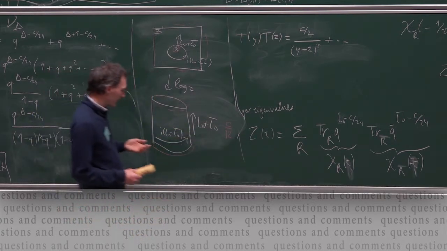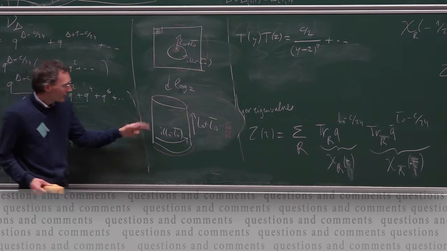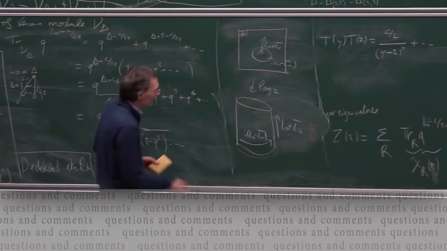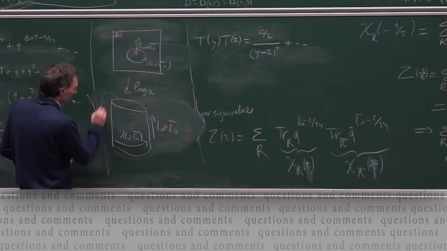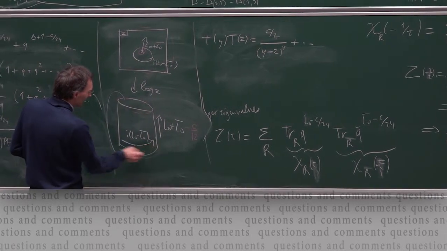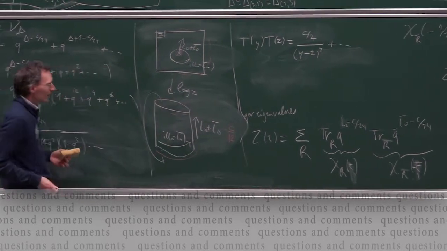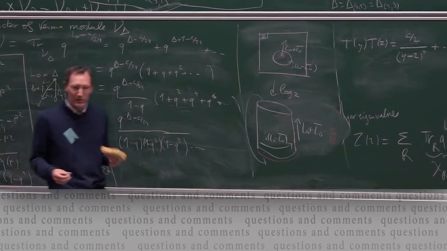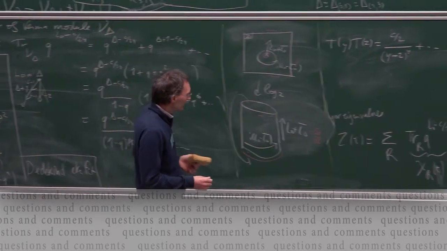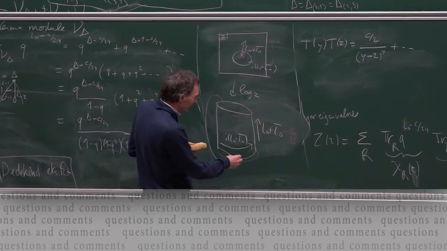Okay, then we still have to take this cylinder and make it the torus. To do that, we first cut it at some finite distance and then identify. In order to build a torus with an arbitrary modulus tau, we have to make a specific identification.